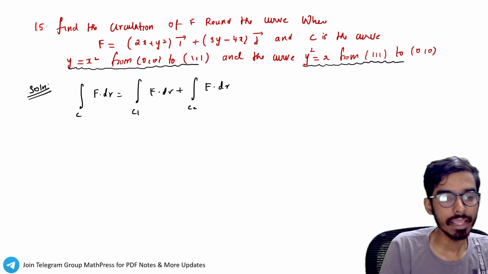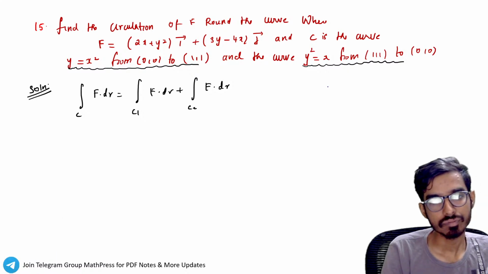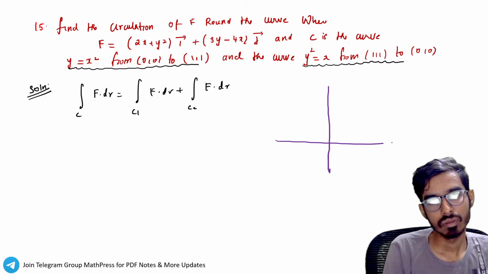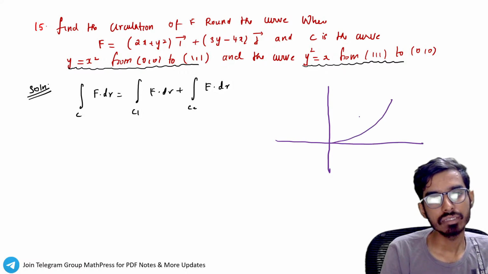The diagram will be like this. y is equal to x square, from (0, 0) to (1, 1).